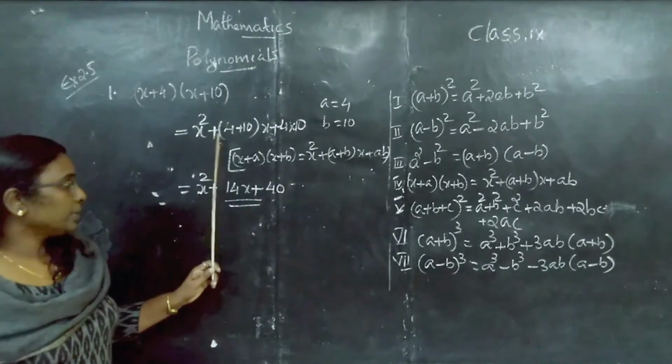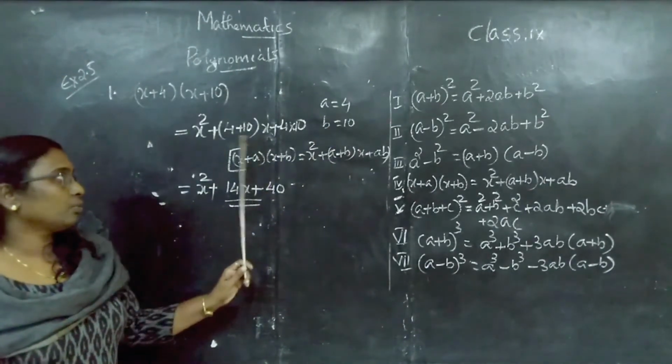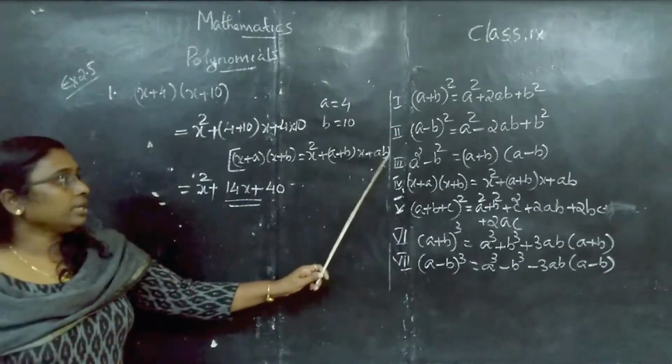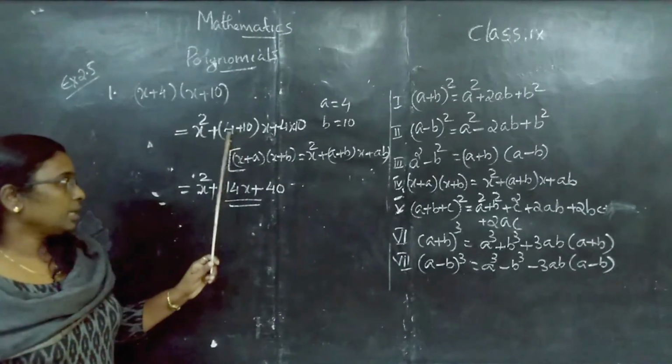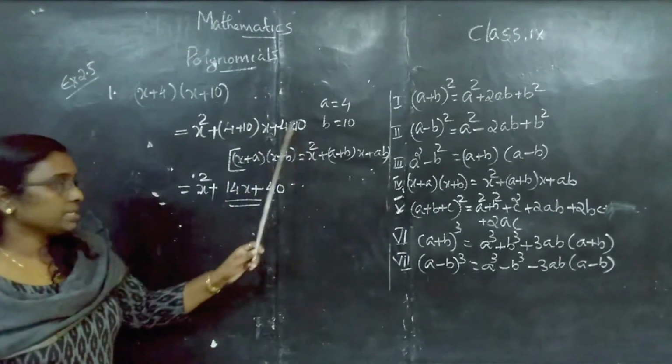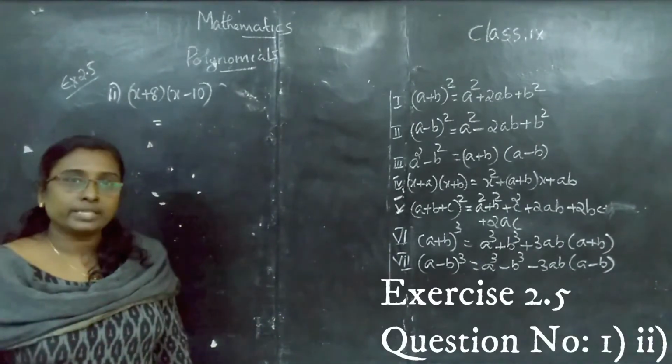So x square plus a plus b, 4 plus 10, into x plus ab, 4 into 10. Okay, x square plus 14x plus 40. Okay, clear? The next question is x plus 8 into x minus 10.